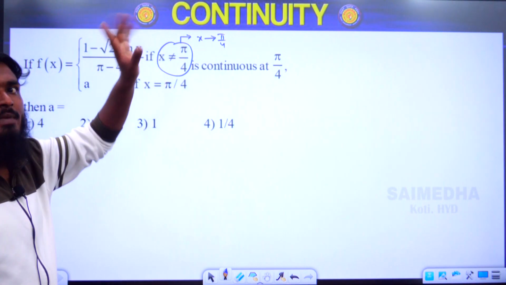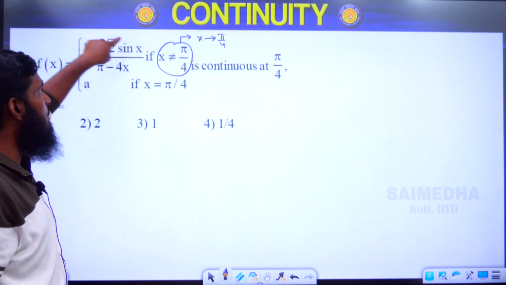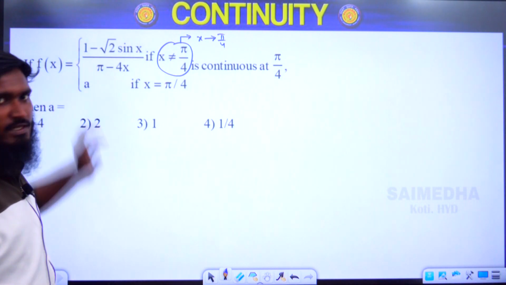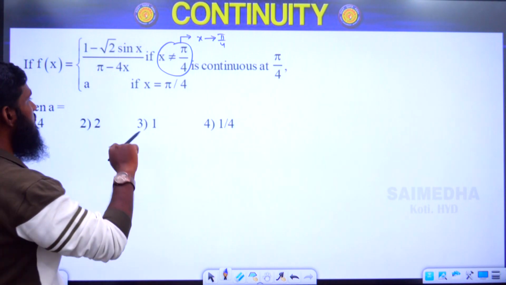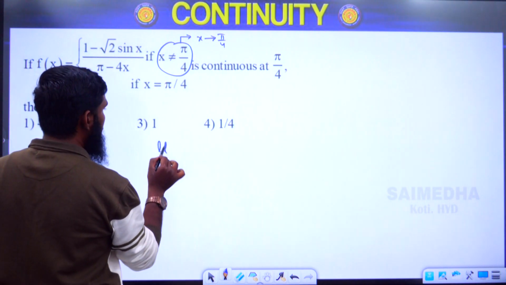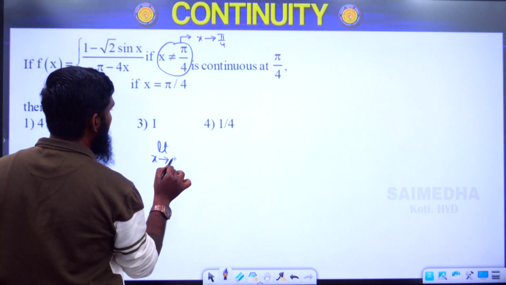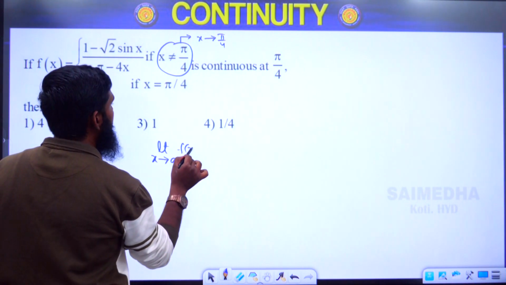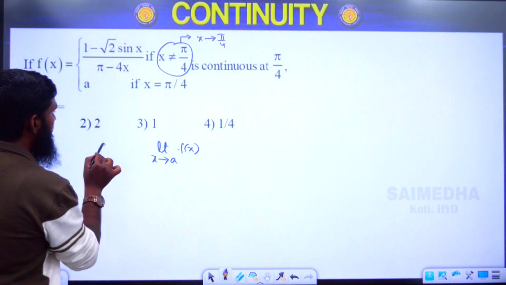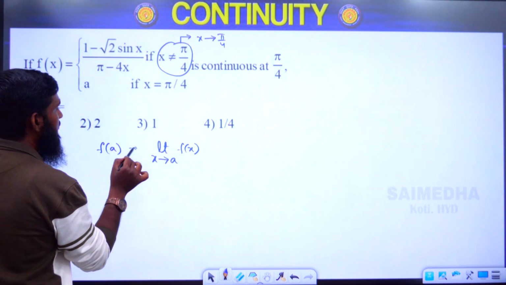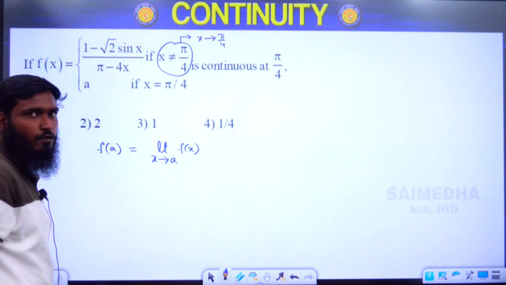Tending means limits concept. For limits we have to take this complete part, and for the function value we have to take this part. Now listen carefully. We have limit x tends to a of f of x, and f of a is equal to limit x tends to a of f of x.